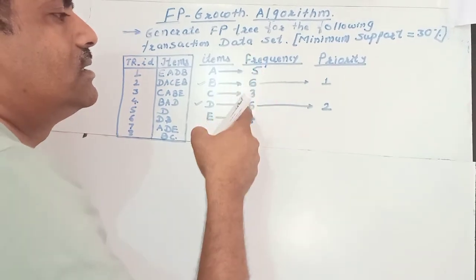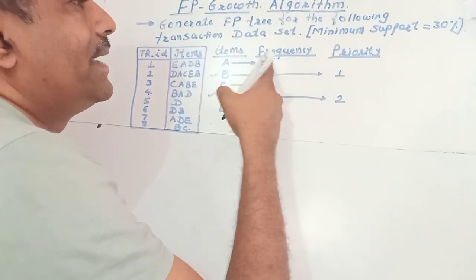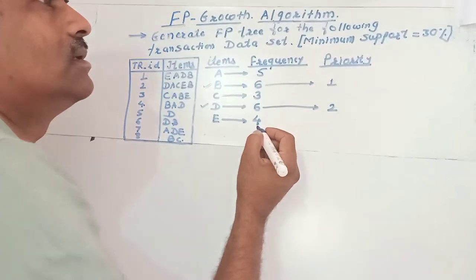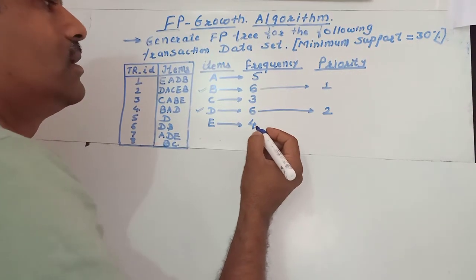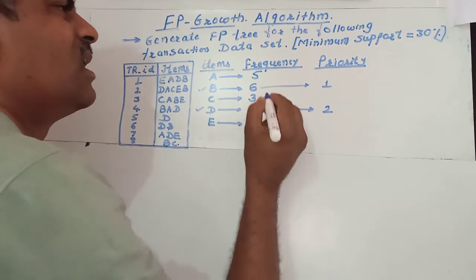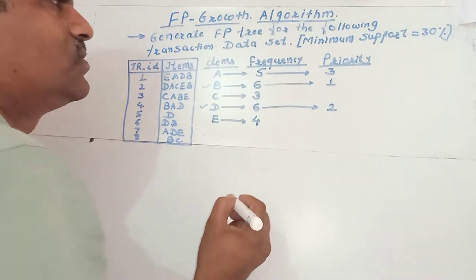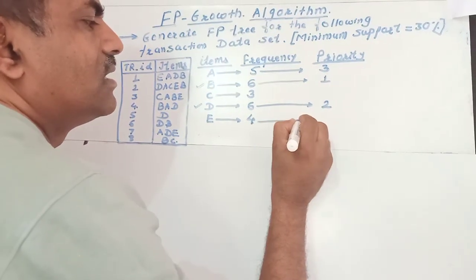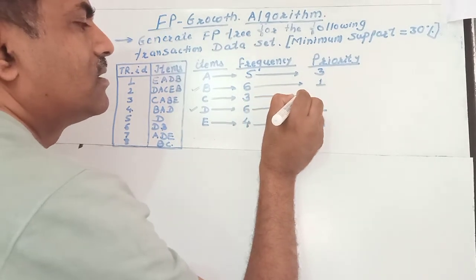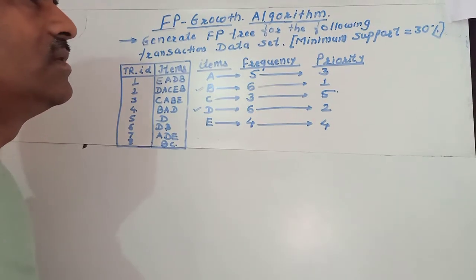Then the next highest is A, so let us write down that A has priority 3. Similarly E has priority 4, and the last is C, so we will assign C priority 5, right?